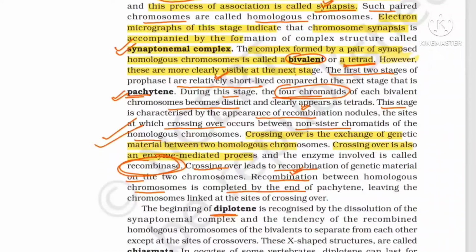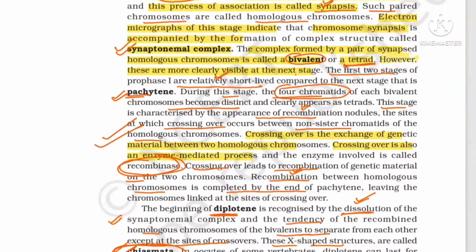Next, the 4th stage is diplotene stage. Dissolution of synaptonemal complex will be going on, and the recombined homologous chromosomes tend to separate. They want to separate now from each other, but they are left at one point where they can't separate. So they stay attached at the site of crossing over, and these X-shaped structures are known as chiasmata.